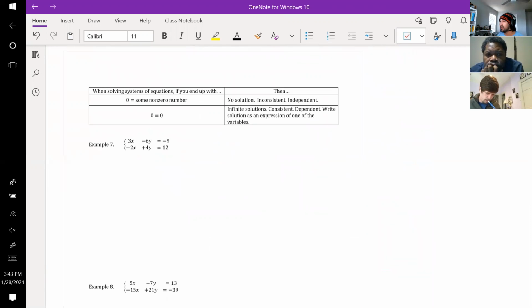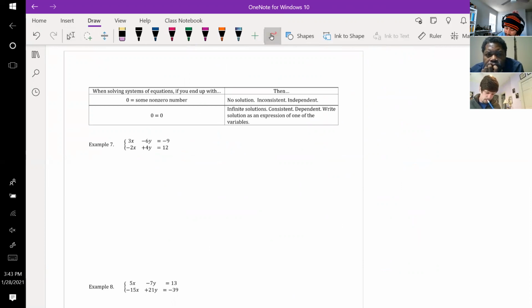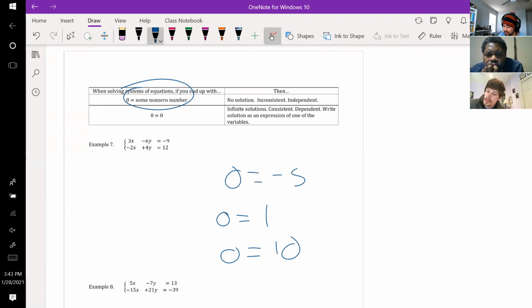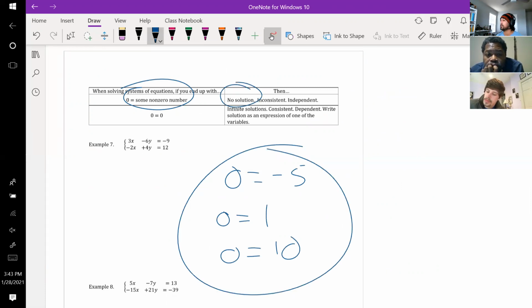So if you're solving a system of equations and you end up with 0 equals some non-zero number, such as 0 equals 1 or 0 equals 10 or 0 equals -5, the answer for your system is there's no solution, because these aren't true statements. 0 doesn't equal any other non-zero number.